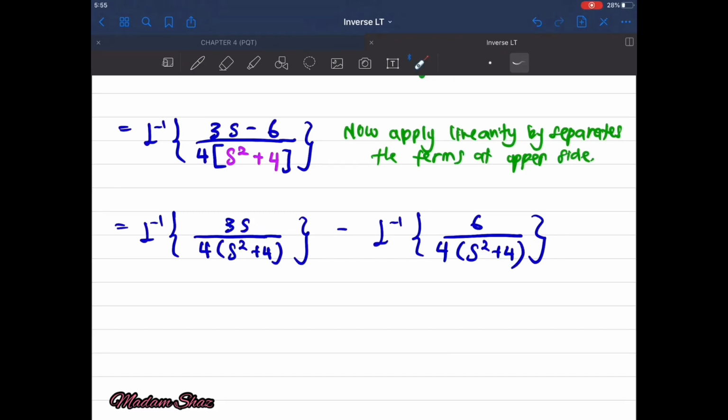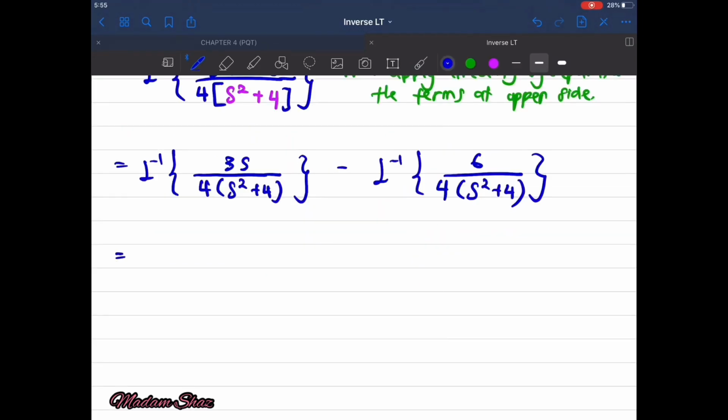So now, if you have any constant, you have to bring the constant to the front. So the constant 3 and 4, you have to bring to the front. The same thing for the second curly bracket, you have 6 and 4. So bring the constant to the front. 3 over 4, Laplace inverse.